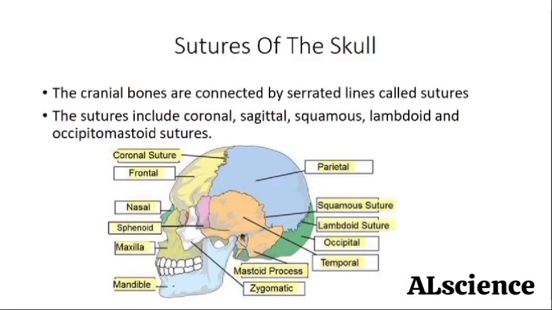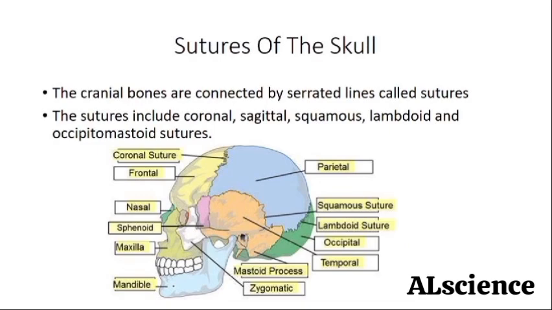As we said earlier, the cranial bones are connected by sutures. These sutures have special names, which are coronal, sagittal, squamous, lambdoid, and occipito-mastoid sutures. Another important piece of information is about the foramen.